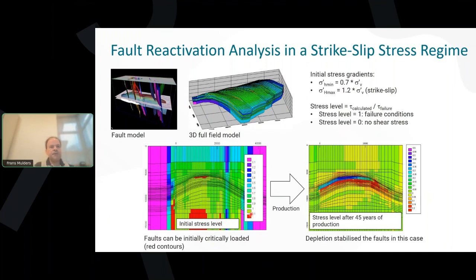It's a stress level of 1, meaning it's critically stressed. But as you produce, this fault stabilizes. But imagine if you are in this type of situation with geothermal and you inject fluids, you would directly trigger movements along these faults straight away as soon as you inject.